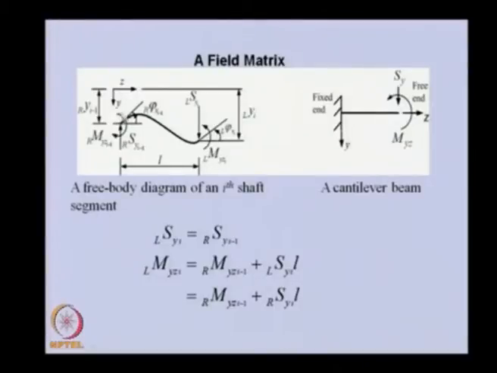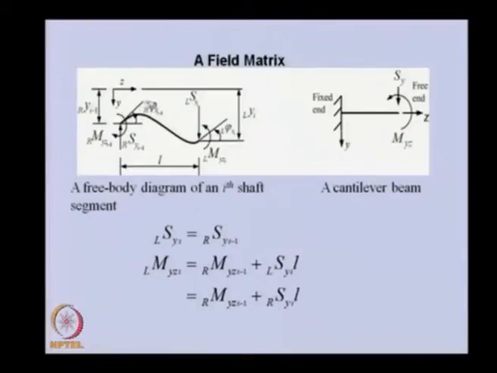The field variable here is y i minus 1, right of that disc; the subscript r represents that this field variable is on the right side of the i minus 1 disc. Apart from this, there will be the slope of the shaft during bending, represented by phi i minus 1, subscript r.